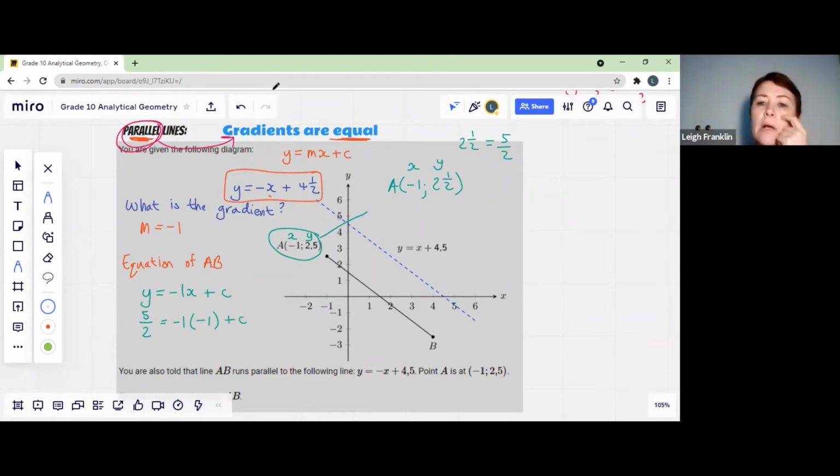Okay, so now somebody other than Harry, not anything against you, Harry, but I'm sure you'll be able to work this out if you could do the other one. Somebody apart from Harry, can you please tell me what you get for c? What's your c value? You can use your calculator, it doesn't matter. What's c going to be equal to here, grade 10s?